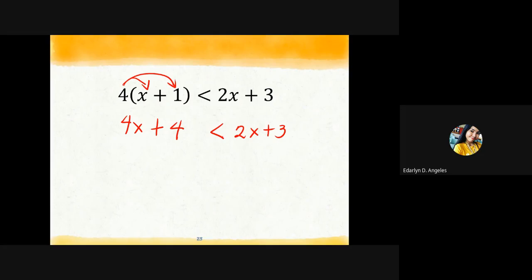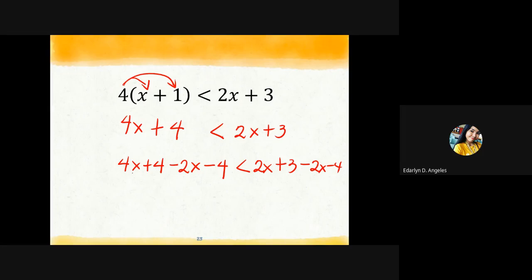Here, we have to move 2x to the left side. By transposition, it will be minus 2x on both sides, and also minus 4, subtracting 4 from both sides.